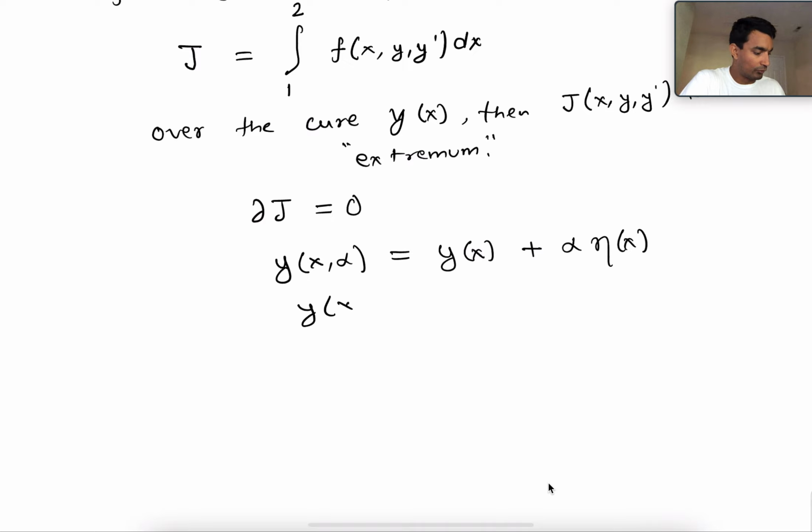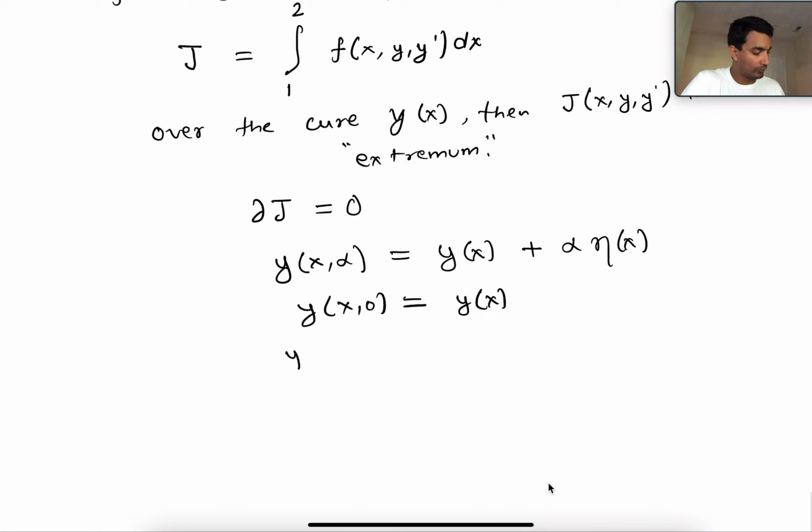So y of x, 0 would simply be y of x. What that means is that if alpha is equal to 0, then this new path that we have defined is the same as the path that we are looking for, or y of x.